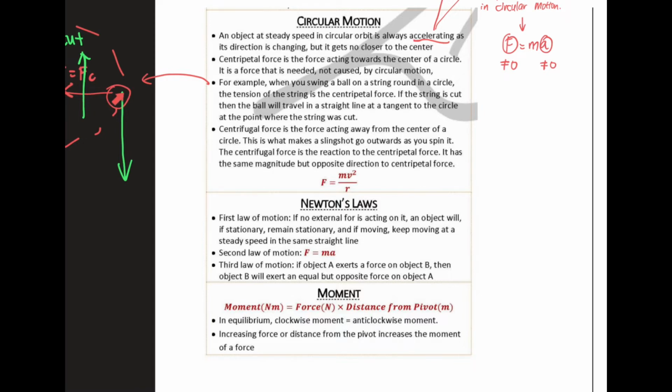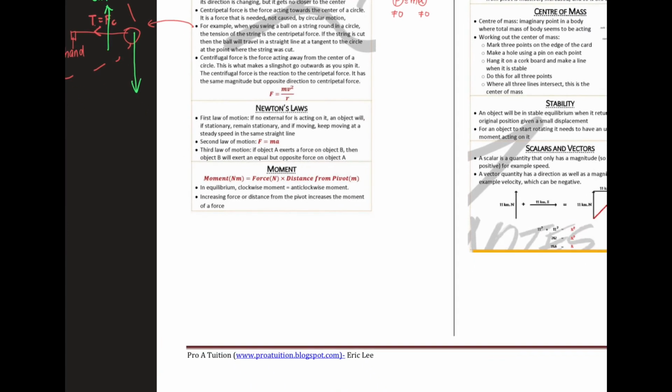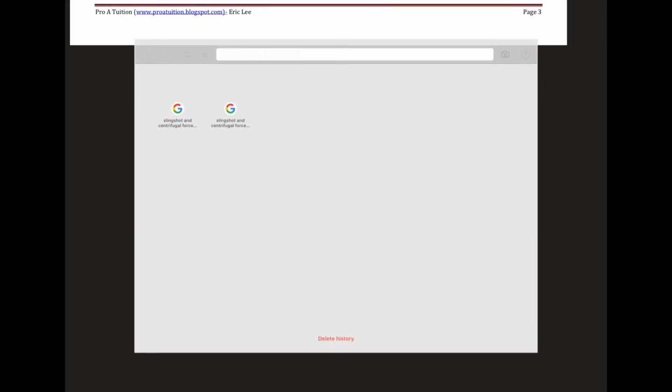Centripetal force is acting inside. Centrifugal force is acting away, away from the circle, the center of the circle. So I will let you see a diagram here to understand a little bit more on centrifugal force. So I put a diagram here.